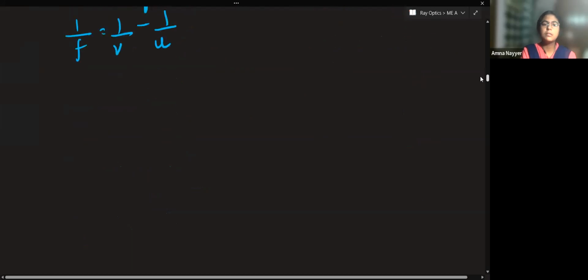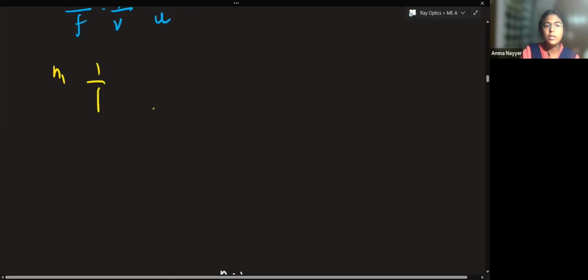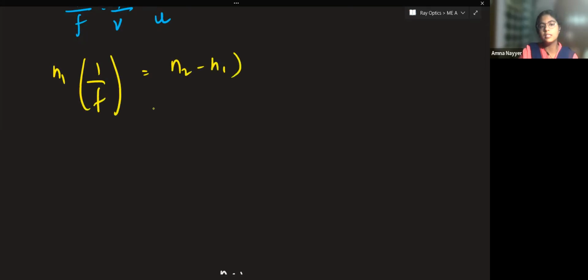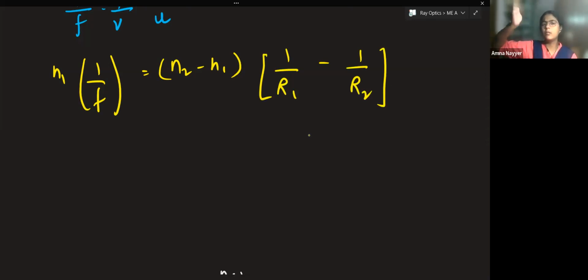So this becomes n1 into 1 by f, which is equal to n2 minus n1, 1 by r1 minus 1 by r2. Clear? Whatever the right hand side was, I have not changed it. Left hand side, I have changed this. Okay, let's shift this n1 also here.